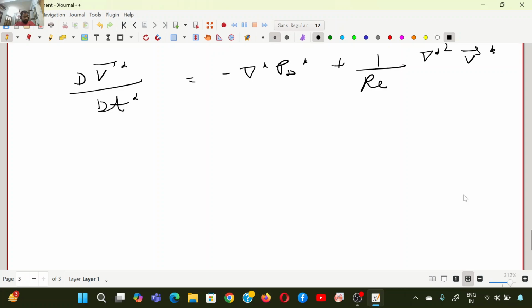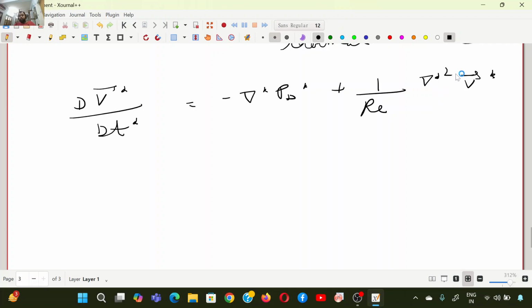And what he said was that to make this equation make sense, you say that this del star squared v star is of the same order of magnitude as Reynolds number, right? Then this equation will be logical.